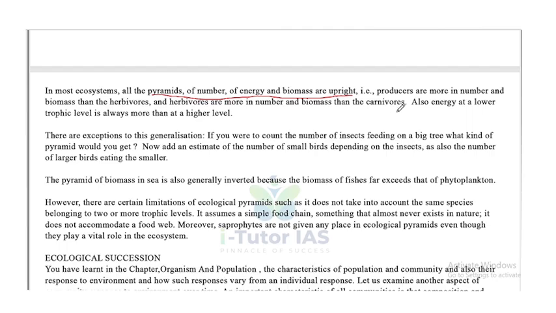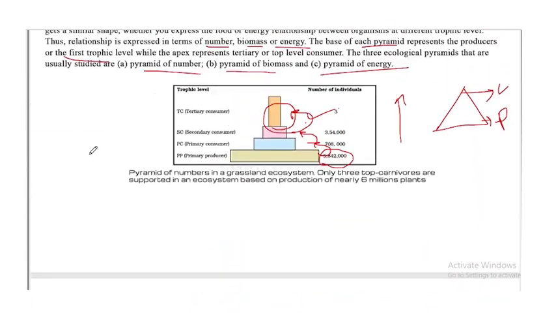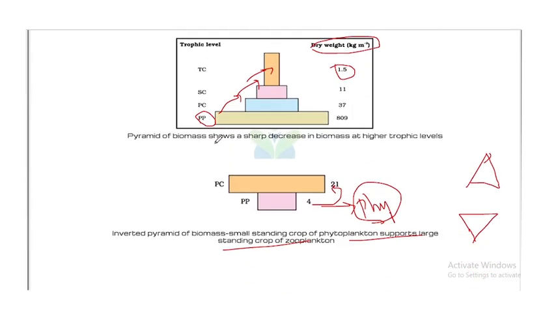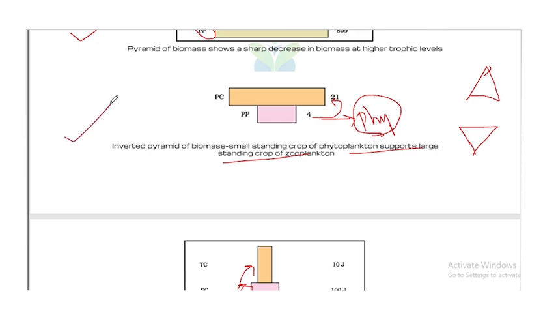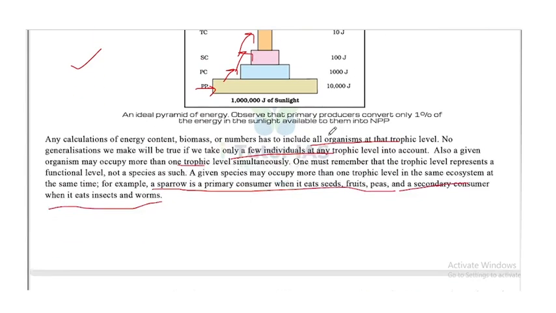Also, the energy at lower trophic levels is always more than at the higher trophic levels. So this is what we have seen in these three pyramids. This is the pyramid of number, which is upright. Then this is the pyramid of biomass, and this is an inverted pyramid of biomass, and this is the pyramid of energy, which is always upright.